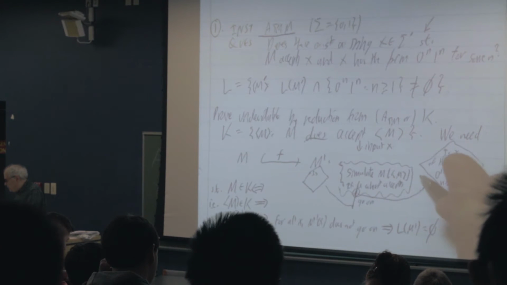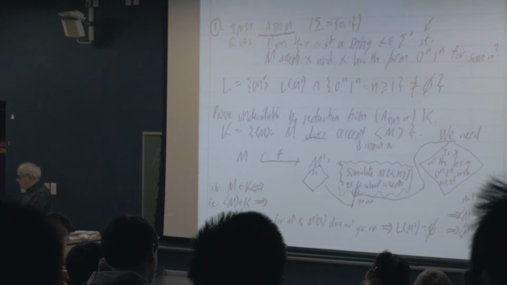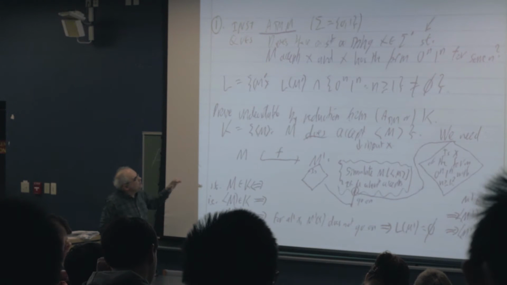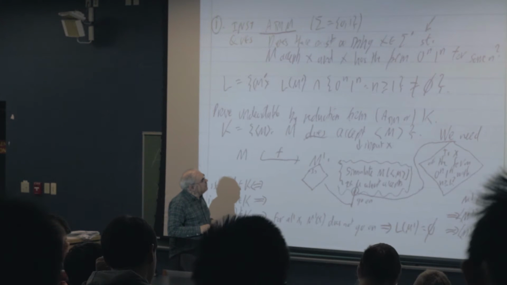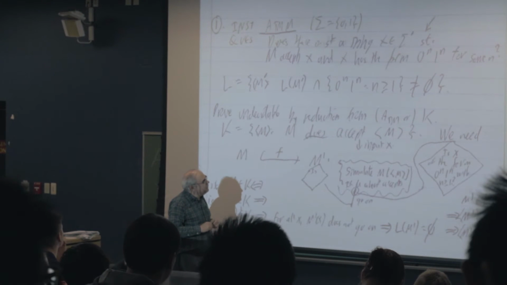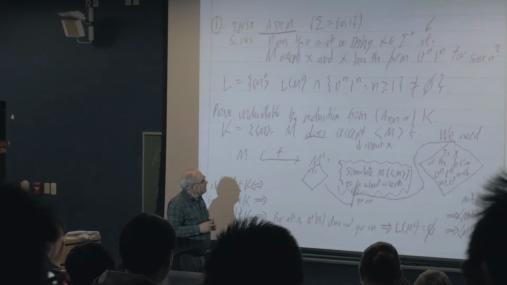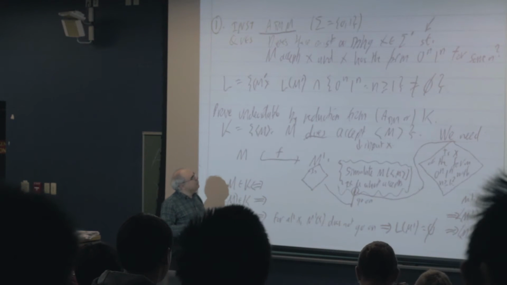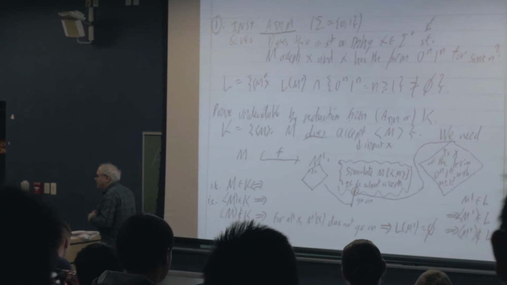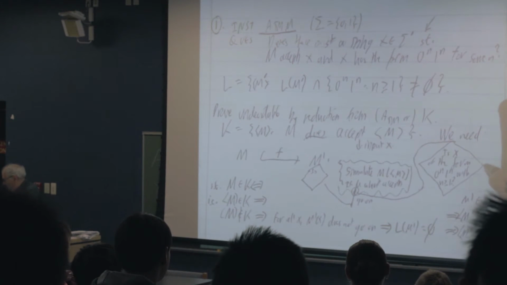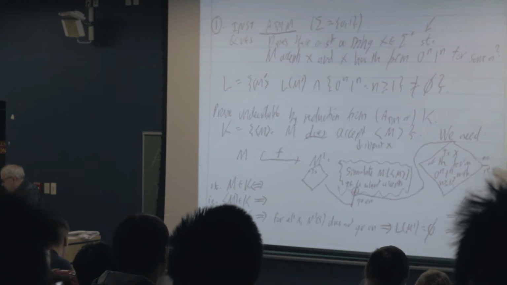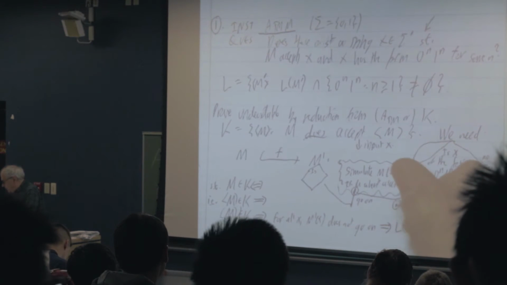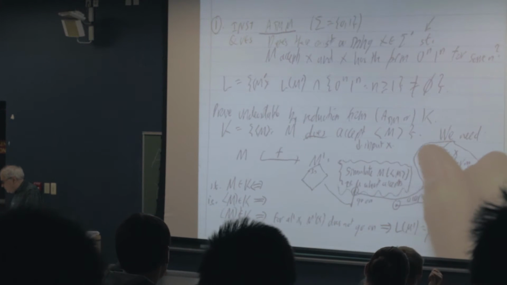We can put this inside a solid diamond because the language 0 to the n, 1 to the n is decidable. That's where we're finally getting to something involving that language. And then, if no, we'll reject. If yes, then finally we'll accept.